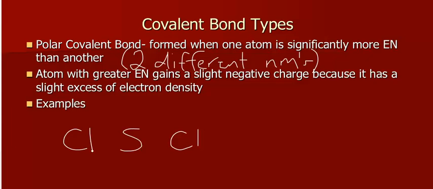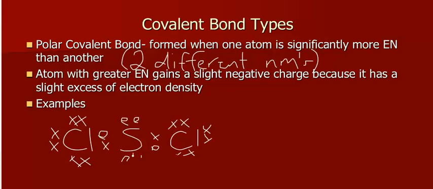SCl2. When we do this Lewis structure, the electrons that are shared are not shared equally. So these electrons here and here are not shared equally. The atom that is more electronegative, in this case the Cl, gains a slight negative charge. So we'll say Cl is δ minus, slightly negative, because it hogs these electrons.